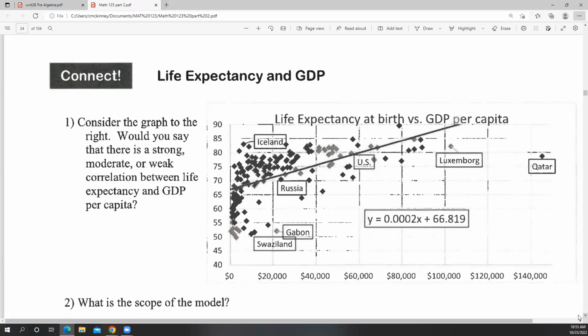So when you look at this graph, would you say that it is a strong, moderate, or weak correlation? Because they've drawn a trend line on there, I'm going to say it's definitely positive.